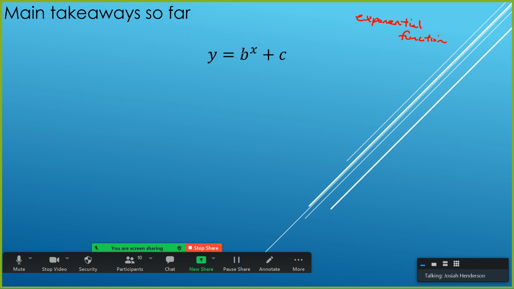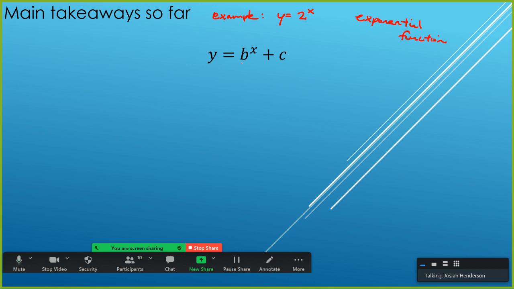For example, I'm going to put up here the function we've been using a lot, y equals 2 to the x. Below, in our generic version, instead of having a 2 there, I'm going to put b, because any number could be that b value, right? And any number could be the c value. We've done examples yesterday where we added and subtracted 3, 5, -10, something like that.